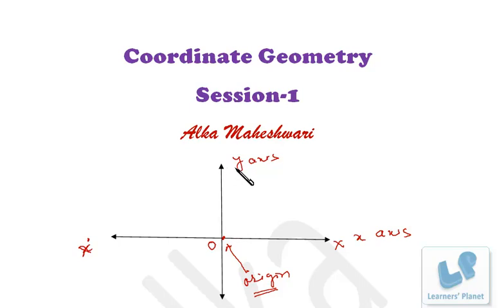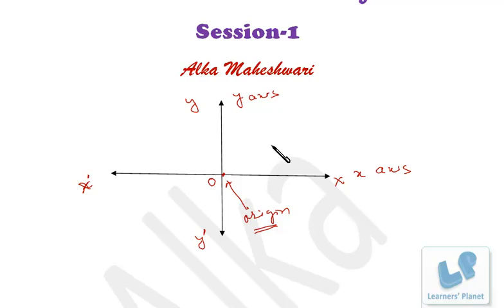Similarly, this is the y-axis. On the upper side of this horizontal line, the vertical line, that is the positive y-axis, and the line below this horizontal line will be the negative y-axis. That means the values of y over here will be positive, and on this line they will be negative, right? And these 1, 2, 3 and 4, these are the 4 quadrants.